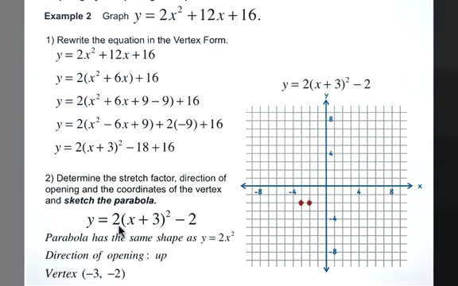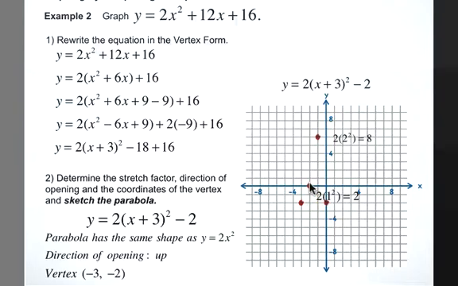Our next job is to figure out where our next 2 points are. 2 times 1 squared, because this is the same as y equals 2x squared, is 2. So we go over 1, up 2. Next we go over 2 and up 8.